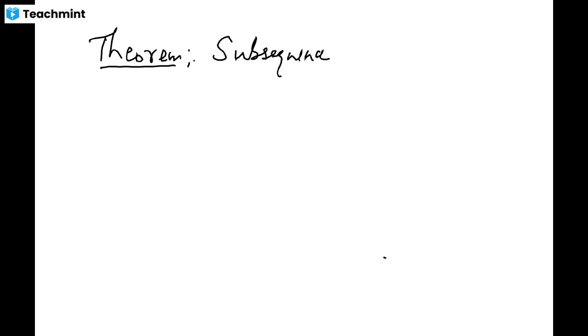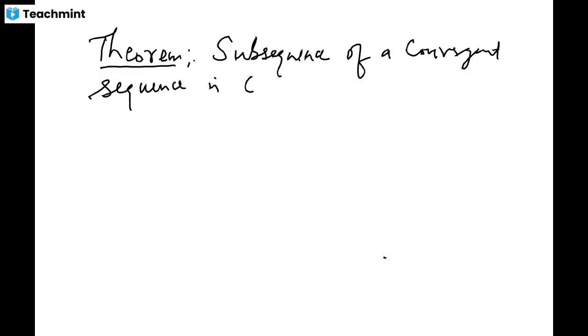So what I'm going to say, subsequence of a convergent sequence is convergent. The first thing is कि किसी भी सीक्वेंस की अगर सीक्वेंस कन्वर्जेंट है तो उसकी कोई भी सब सीक्वेंस भी कन्वर्जेंट होगी, ठीक है?